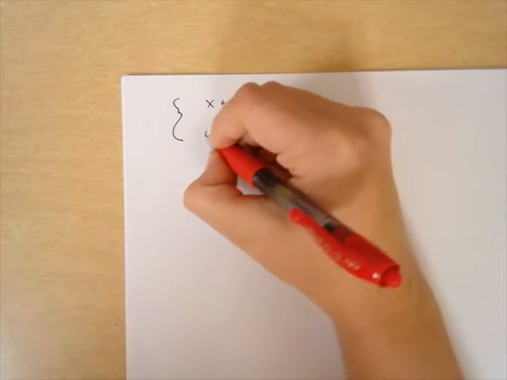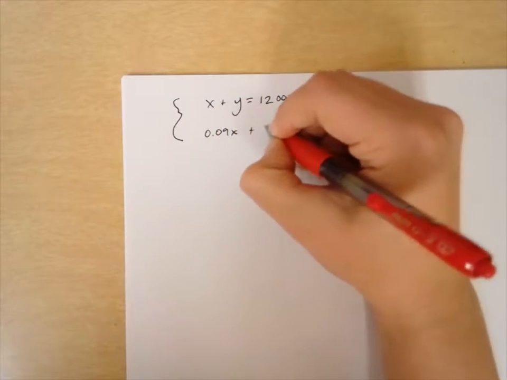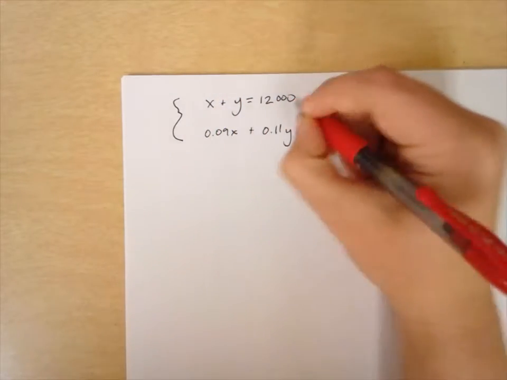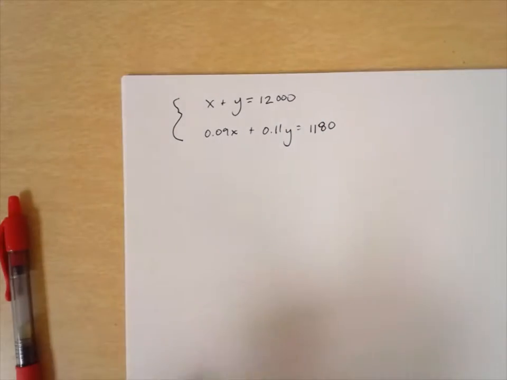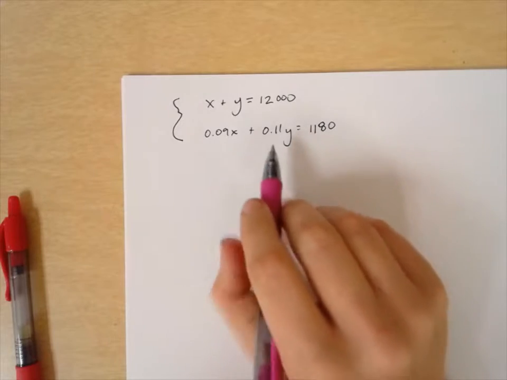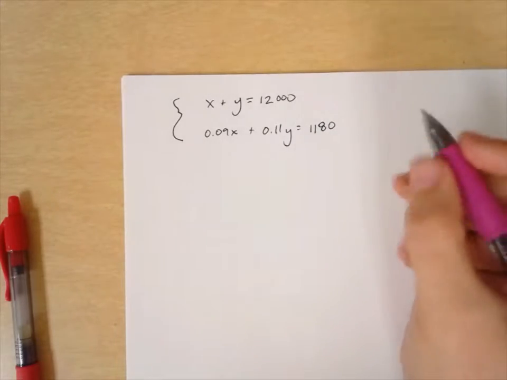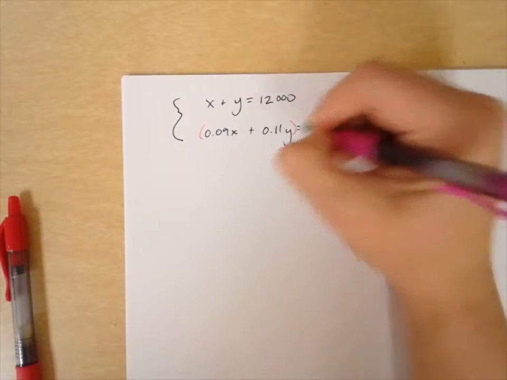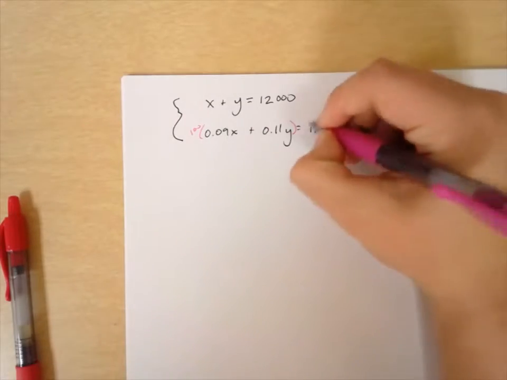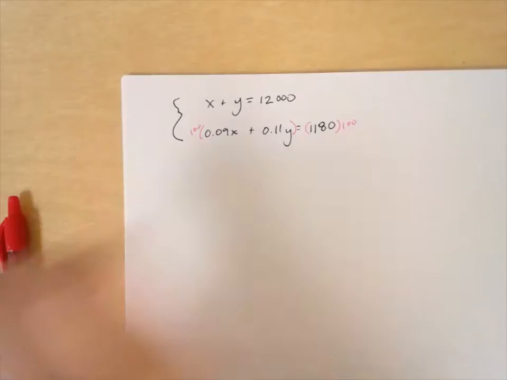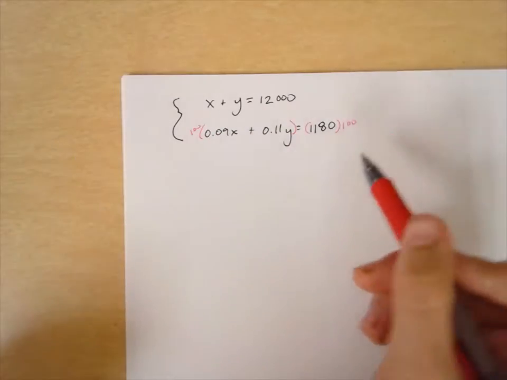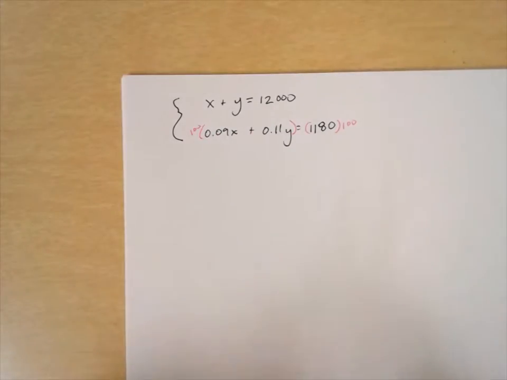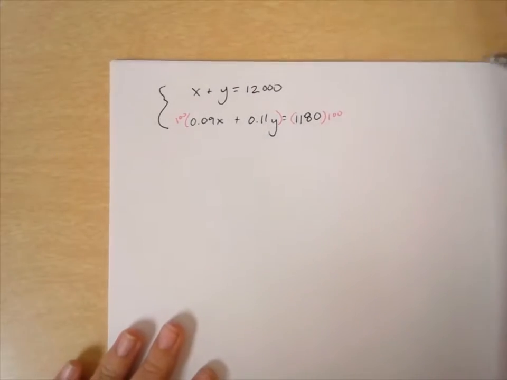And we're going to start with 0.09x plus 0.11y equals 1,180. I don't really like dealing with hundredths, so I'm going to multiply both sides of this equation by 100. Remember, that's always allowed in algebra, as long as you do it to both sides. You haven't fundamentally changed the equation, you just made it easier to work with.